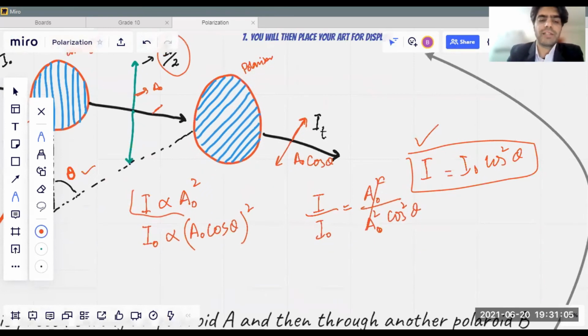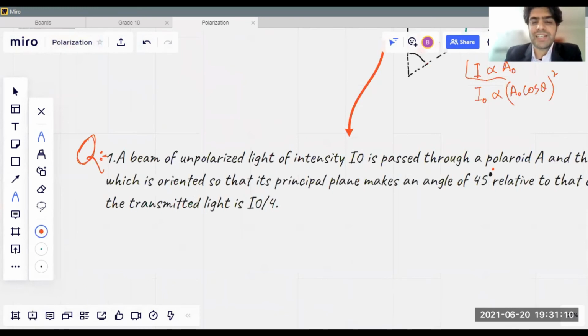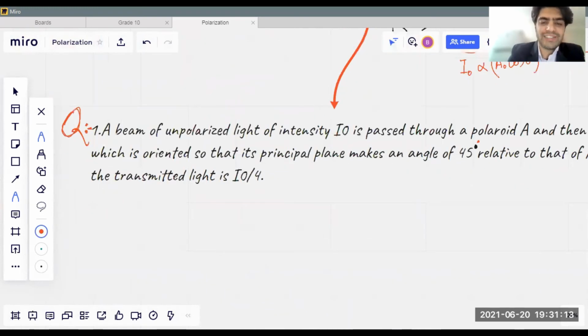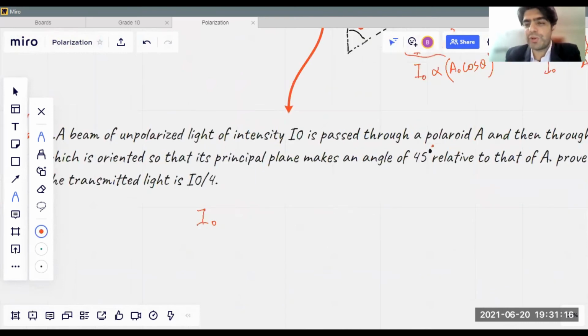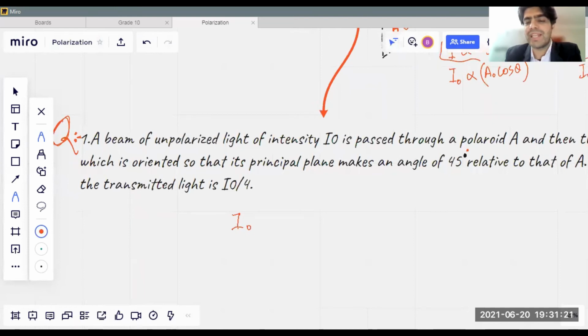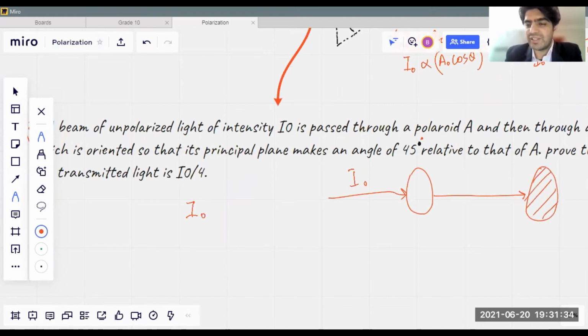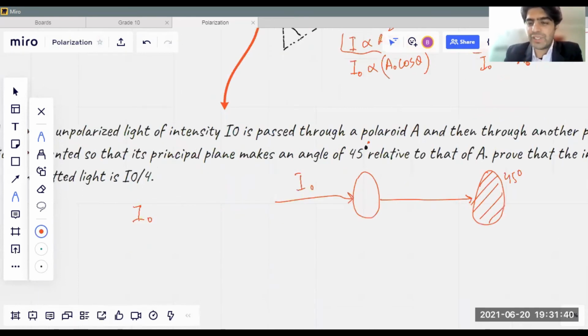Now let's check one question regarding Malus law, which says: a beam of unpolarized light of intensity I naught is passed through a polaroid A and then through a polaroid B, which is oriented so that its principal plane makes an angle of 45 degrees relative to that of A. So here you can see the light I naught is passed through a polaroid. After passing through, we have another polarizer making an angle of 45 degrees to that polaroid.